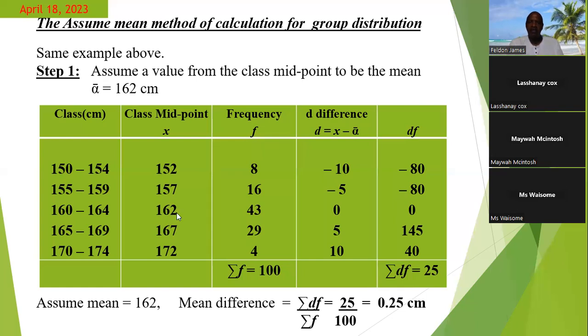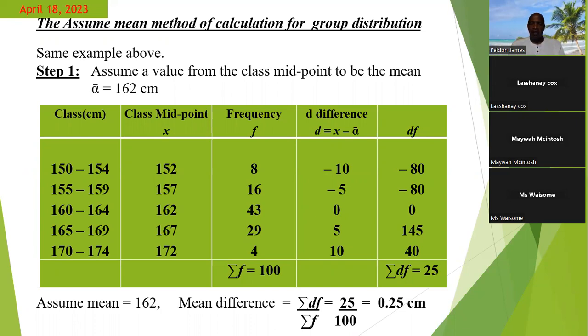We just choose it and assume that one of them is the mean. Most of the time, it's better to choose a value somewhere in the middle of the class midpoint values, so that you will have a balance in terms of negative and positive mean differences.